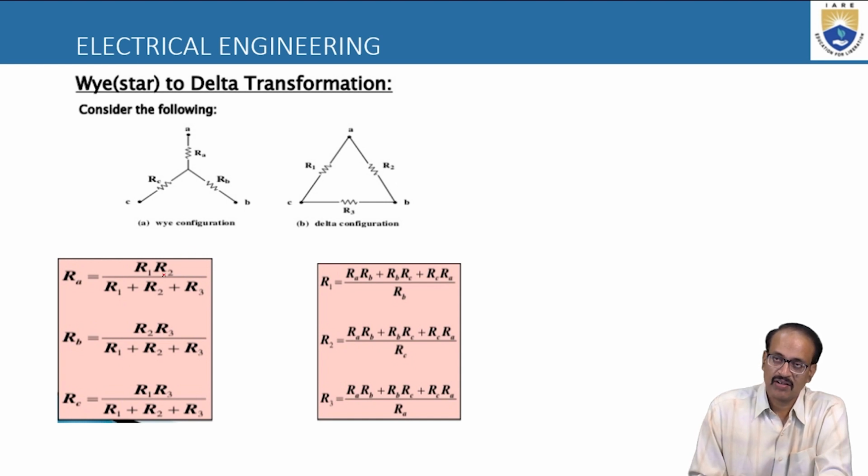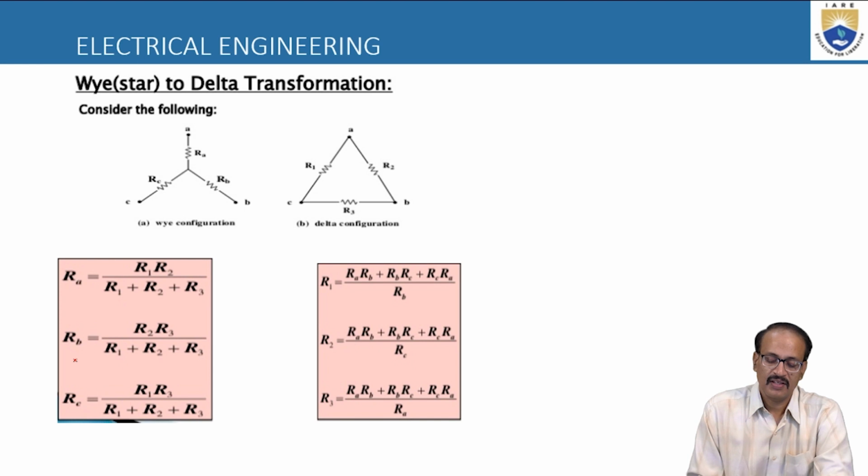So I will write RA as R1 R2 over R1 plus R2 plus R3. Similarly for RB, the denominator is common.